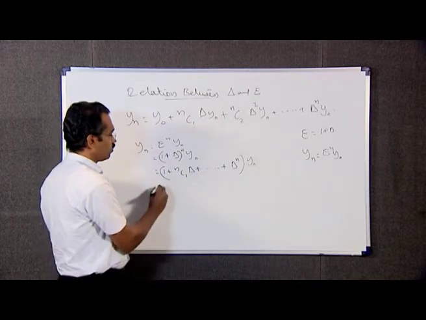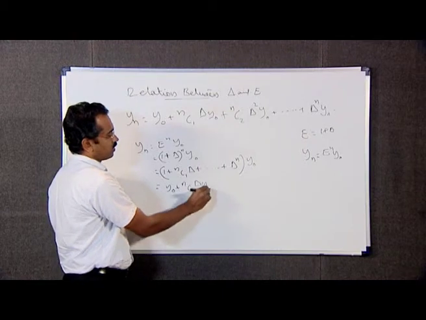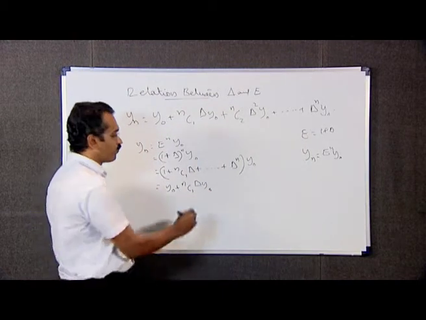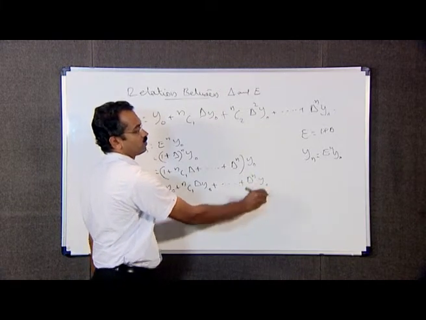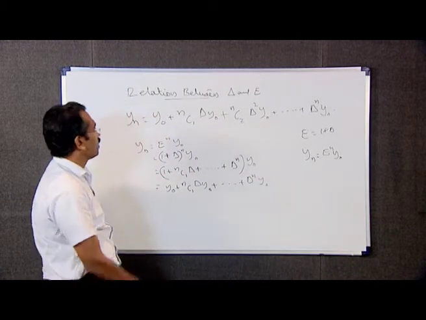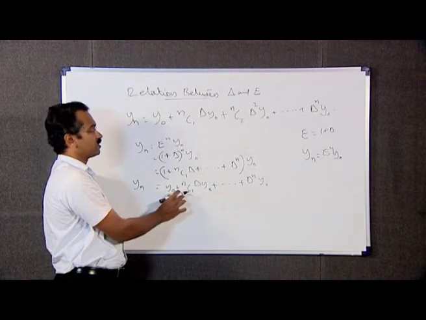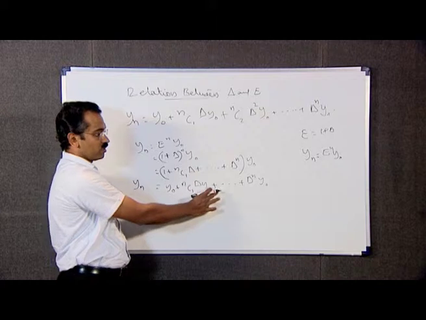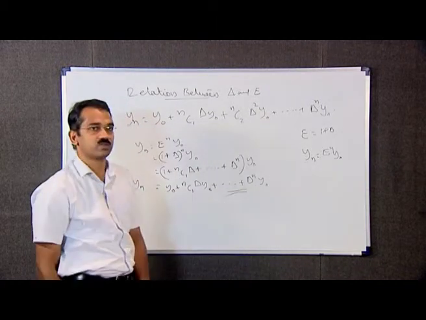That is equal to y naught plus nC1 delta y naught plus etcetera, plus delta raised to n y naught. Hence the identity, that is yn is equal to y naught plus nC1 delta y naught plus etcetera, plus delta raised to n y naught.